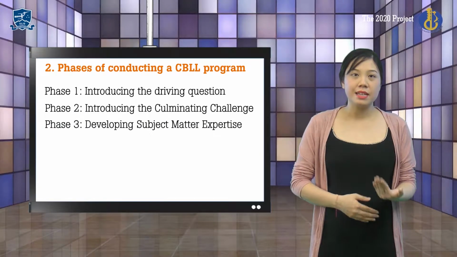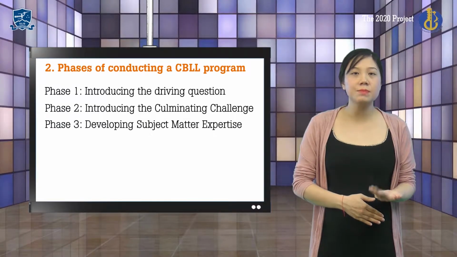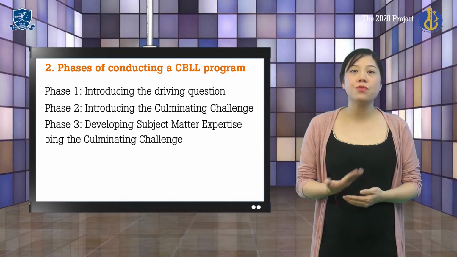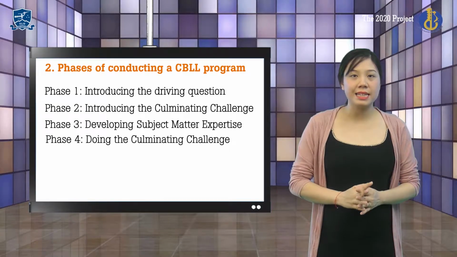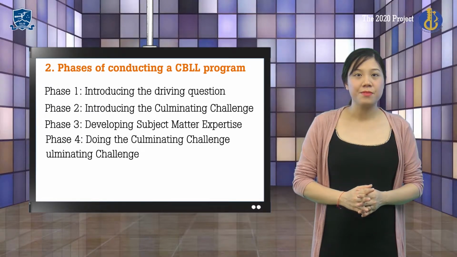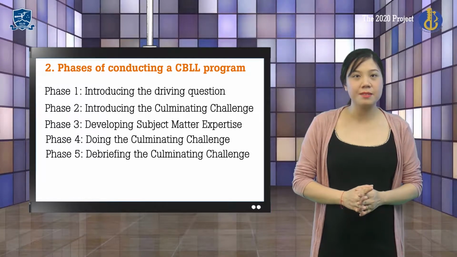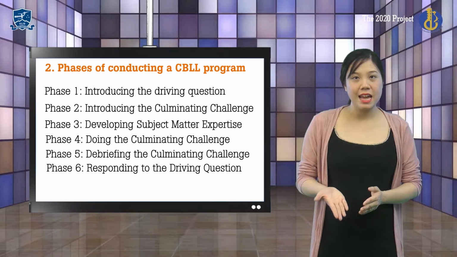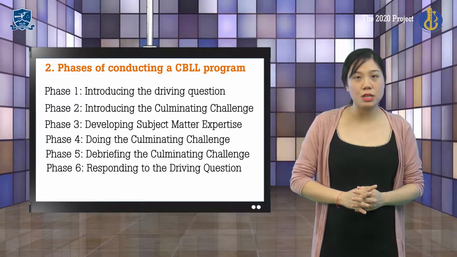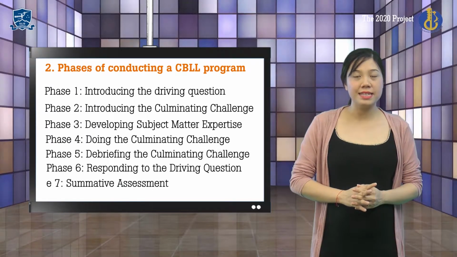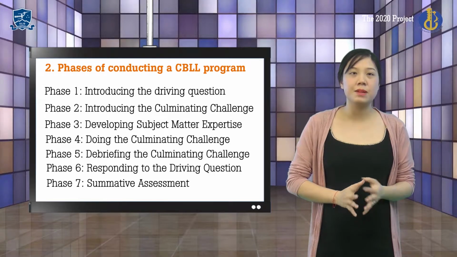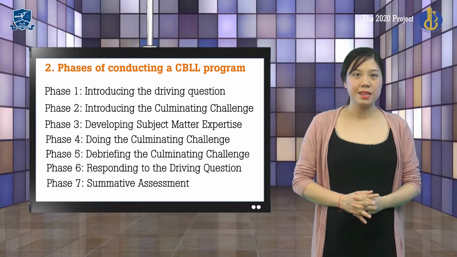Phase 3. Developing subject matter expertise. Phase 4. Doing the culminating challenge. Phase 5. Debriefing the culminating challenge. Phase 6. Responding to the driving question. And Phase 7. Summative assessment.